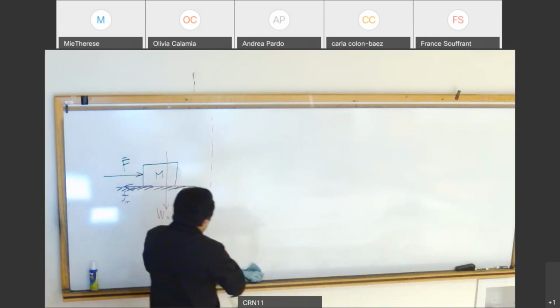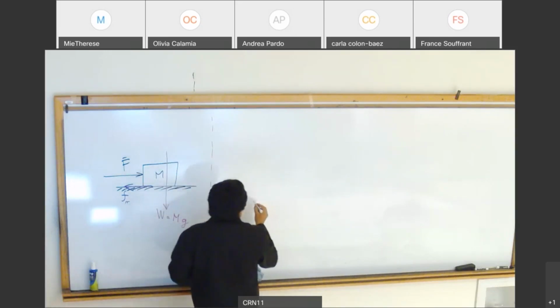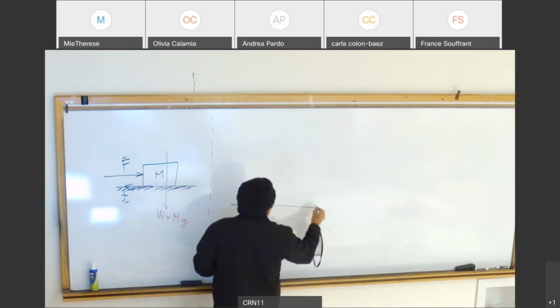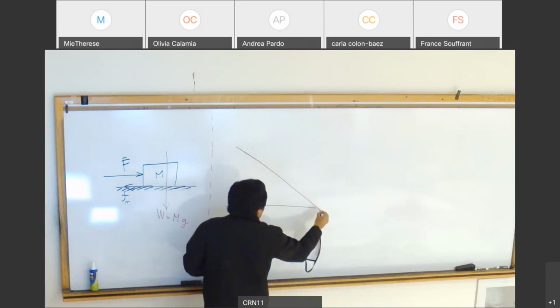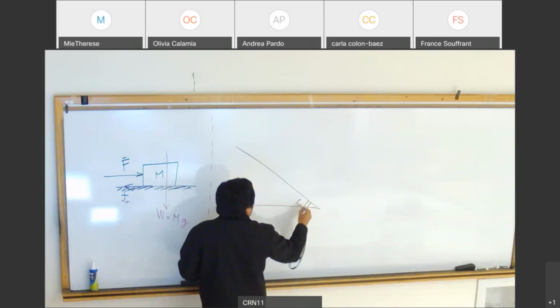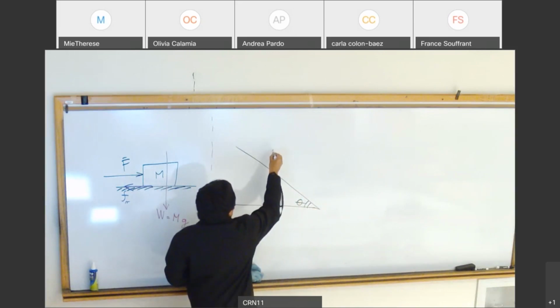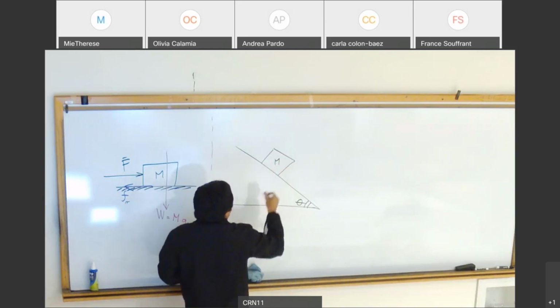If you have, for example, an inclined plane with some angle, the body will fall also due to gravity. But for now, let's just say that gravity is acting.